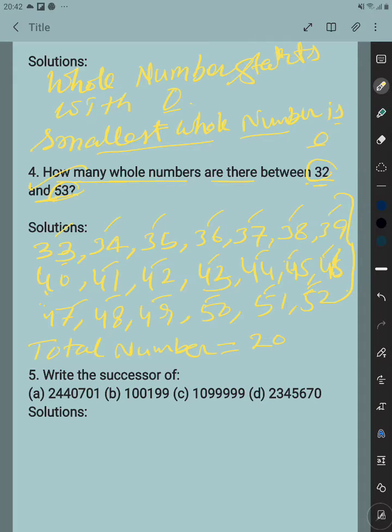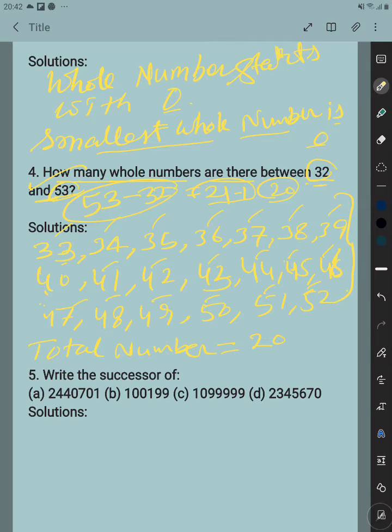Otherwise, what we need to do is subtract 32 from 53 and add 1. Okay, no sorry, we need to subtract 32 from 53 and subtract 1, not add 1. After subtracting, this will be 21, and then we minus 1, and it will give 20.